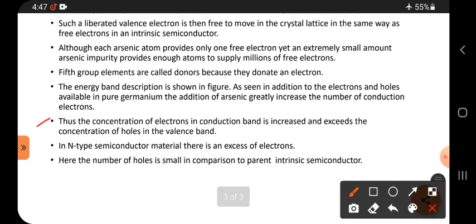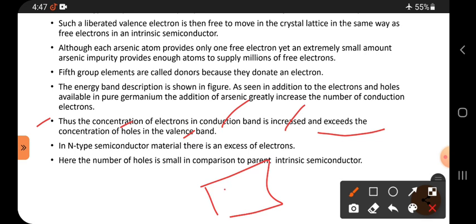Thus, the concentration of electrons in the conduction band is increased. Concentration means more electrons present in a smaller volume or area. The conduction band concentration is increased and exceeds the concentration of holes in the valency band. So in the valency band fewer holes are present, but in the conduction band more electrons are present.